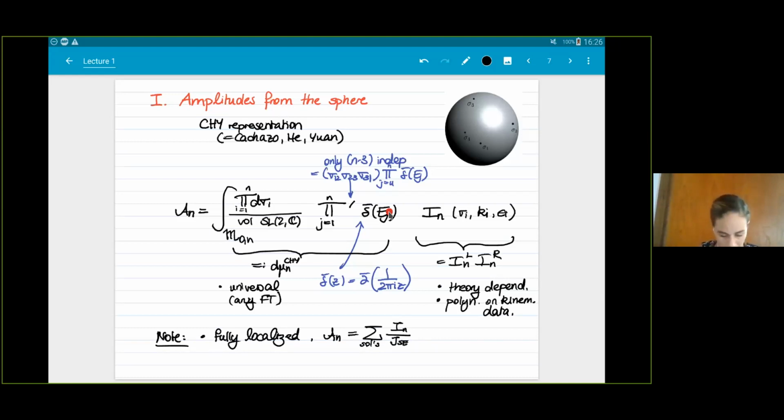Now, the other comment I want to make briefly is that for all theories that we're going to discuss today, the form of these integrands will be particularly simple in cases where there's a high degree of symmetry. So really, this representation lives from the fact that I_N is simple for theories that we're usually interested in, like Yang-Mills and gravity.